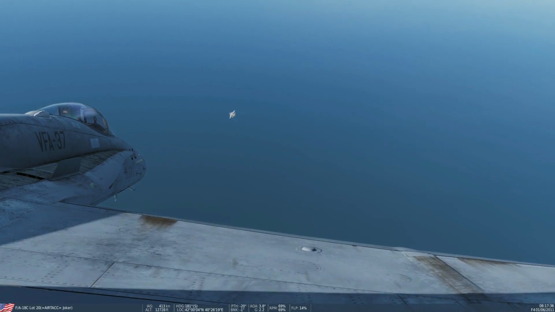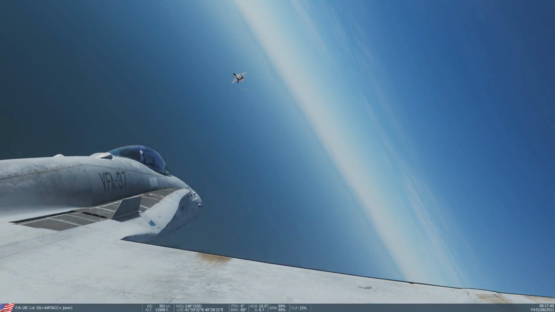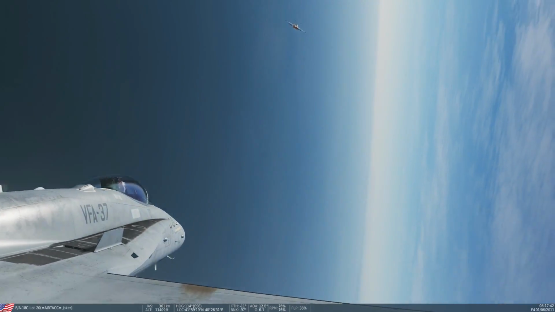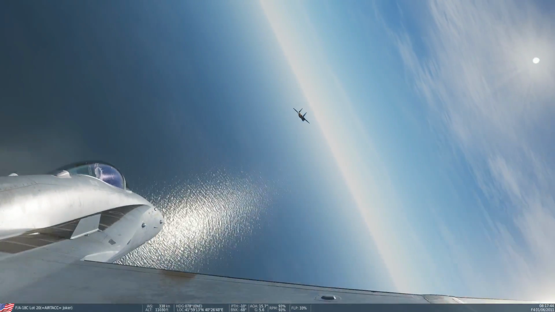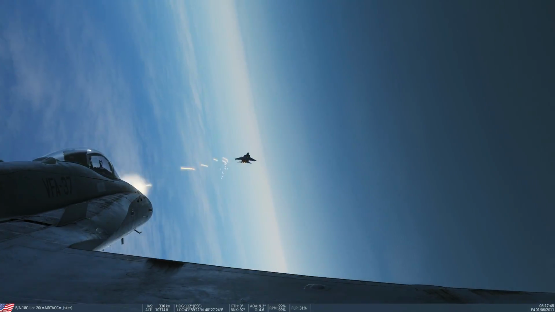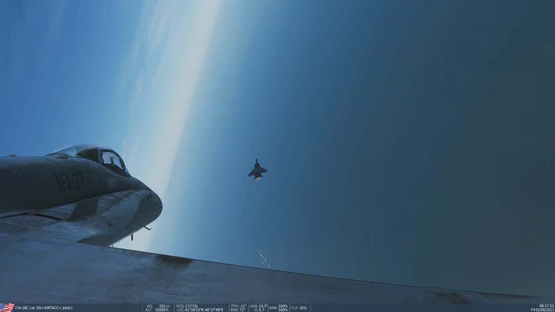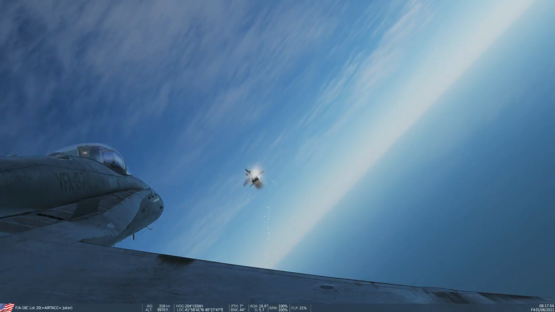Pure pursuit, closing in, back to lag, pure, lead, and we got him.